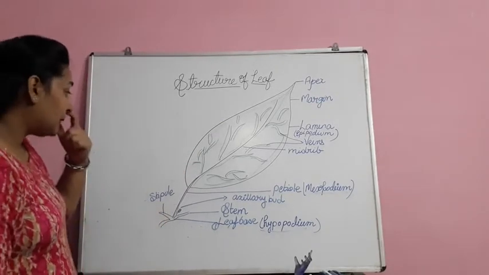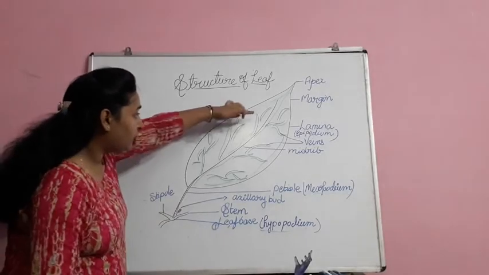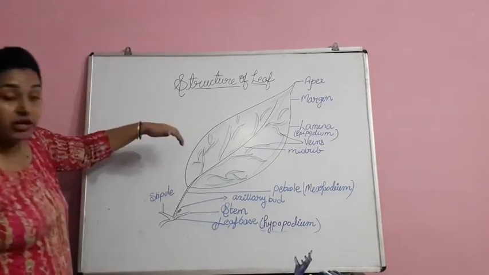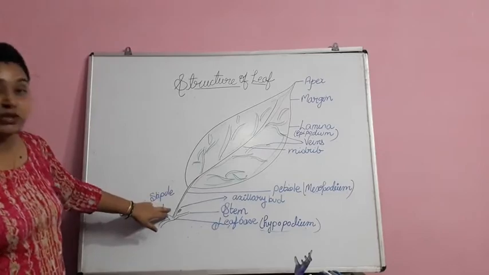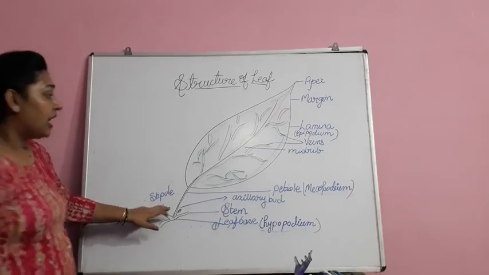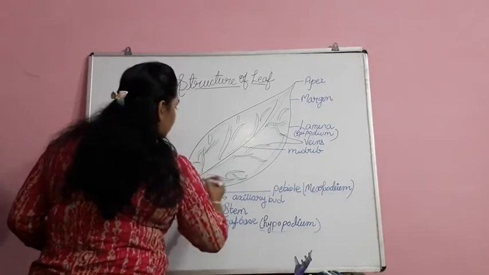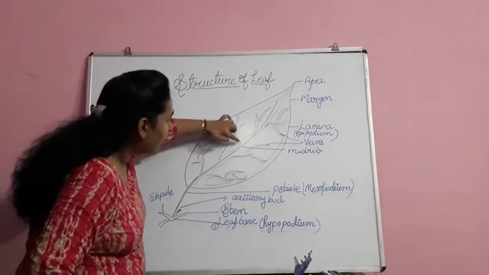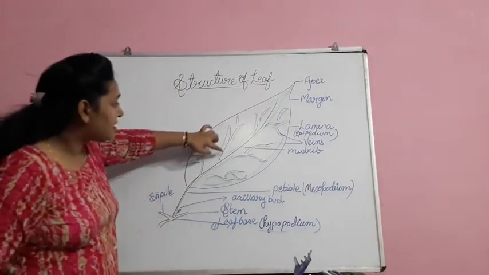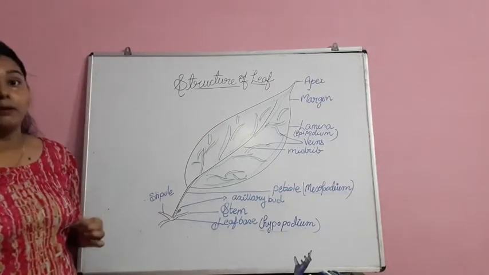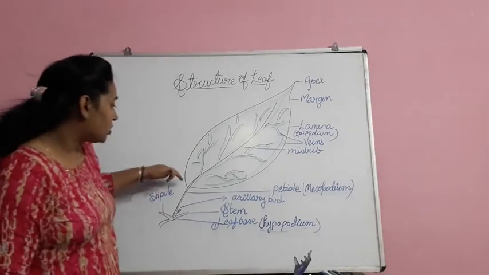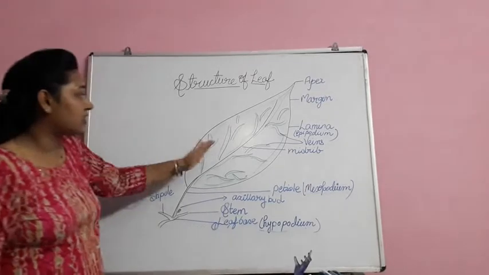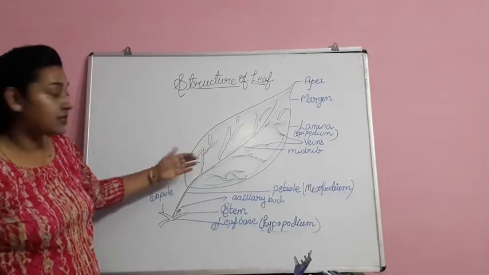So petiole is the attachment between the lamina and the leaf base. Next to this petiole, you can see this middle line over here. This line is called the midrib. This midrib divides the leaf into two different parts.